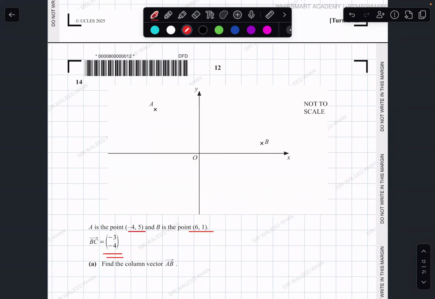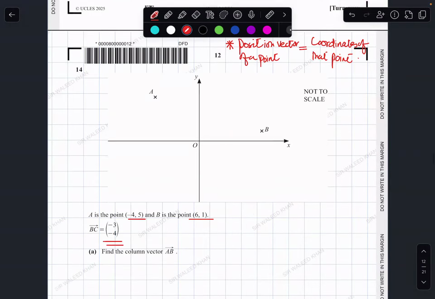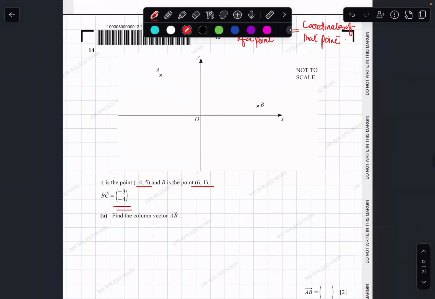They are the same. So the position vector of a point is the same as the coordinates of the point. Right? So find the column vector AB.